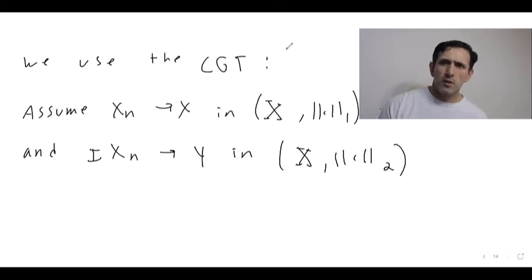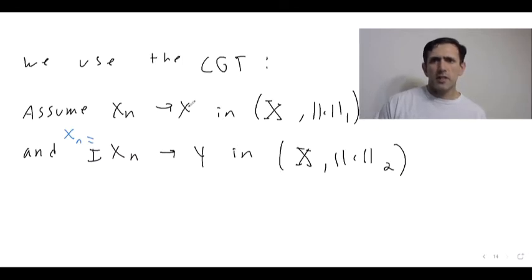Well, obviously, what is this? It's not x, it's xn. Sorry about that. So we're allowed to assume xn converges to x and xn converges to y in these 2 different norms.